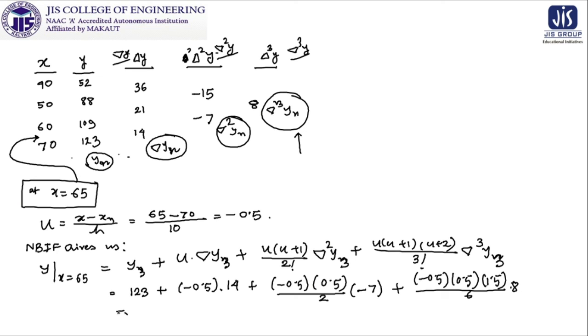So obviously after simplification we will get the value, and the value what we are going to get is 116.375.